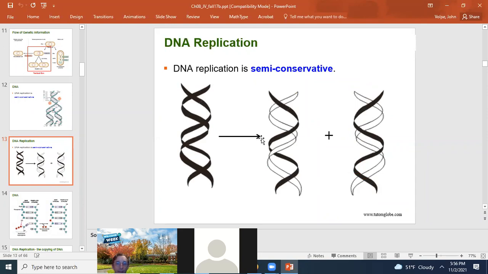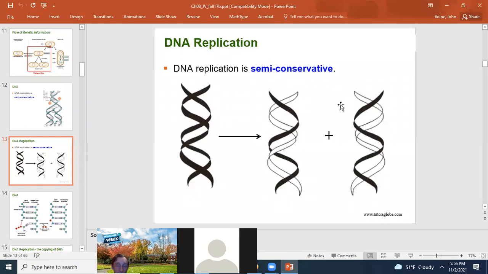So DNA replication is semi-conservative, the black strands being the original strands, and then the daughter cell will get one original strand and one newly replicated strand, and the other daughter cell the same. This is called the semi-conservative model of DNA replication.